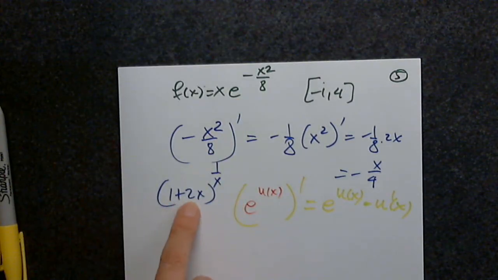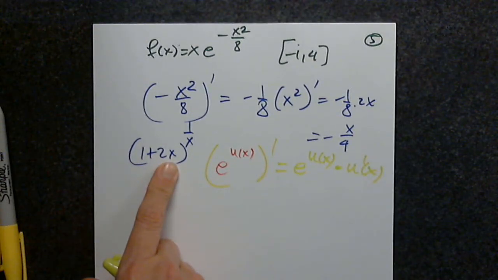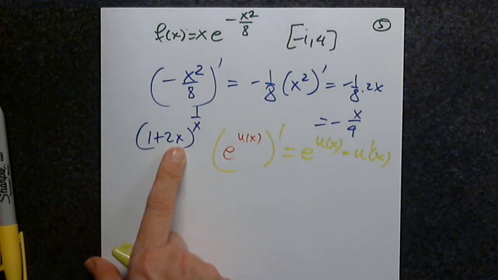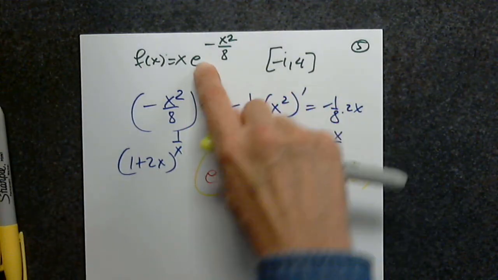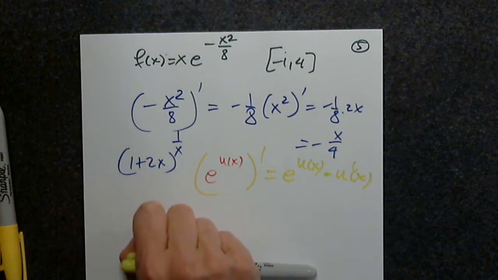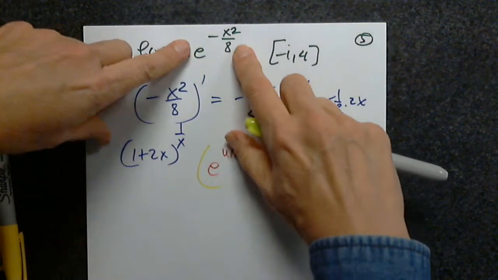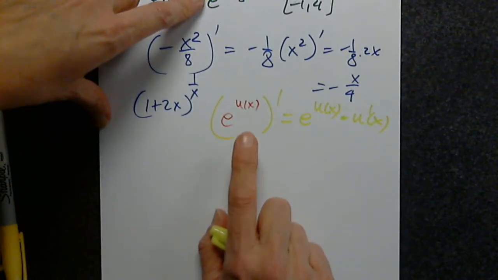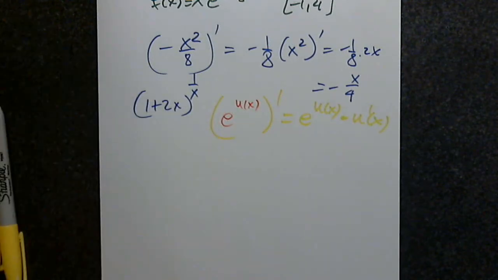This is not a number, this is a function. The base here is a number. The base here is a function. For this, we have a differentiation rule. For this, we don't. Okay.